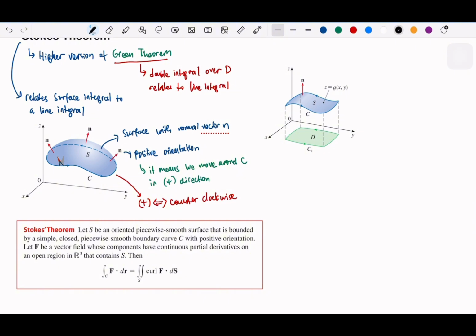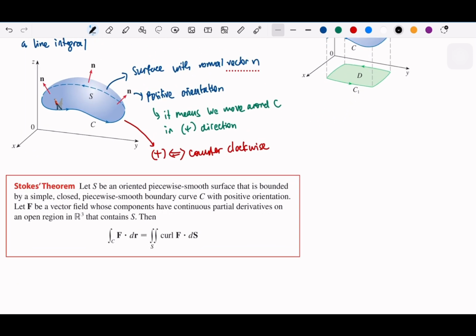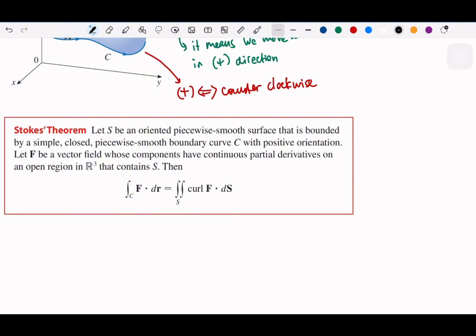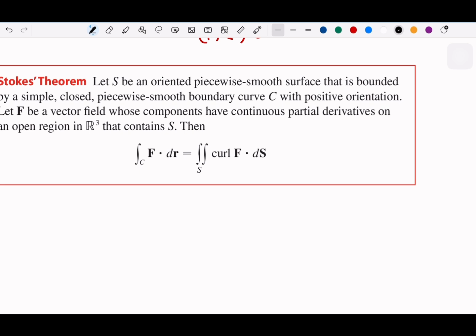So first, we could see the idea from here. Sometimes we can write, for example, if we have the curl F dot dS, where dS is the segment, or length.